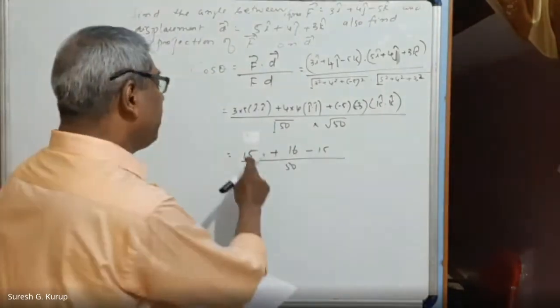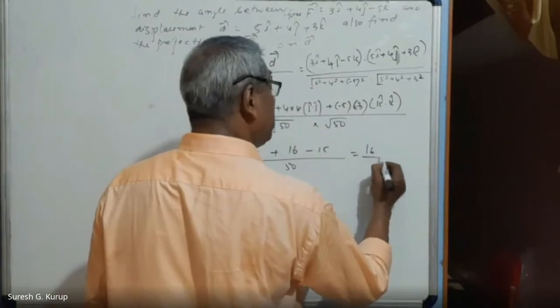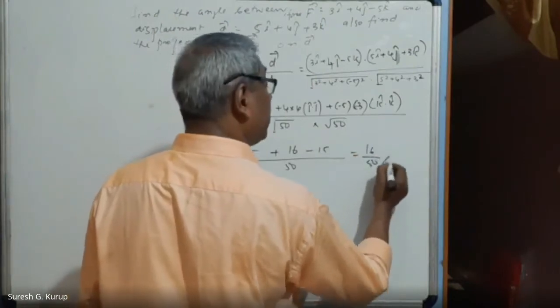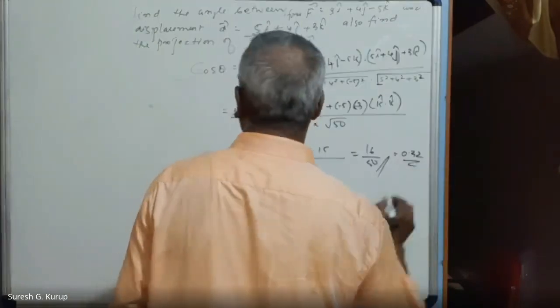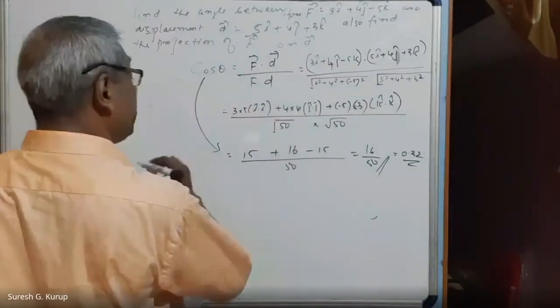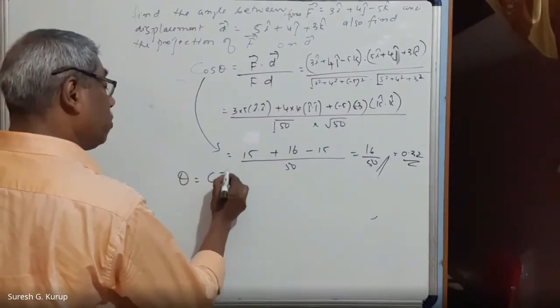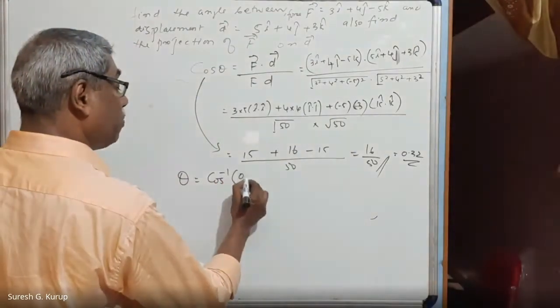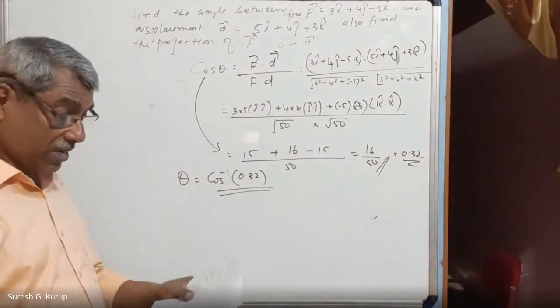Done. Then when we calculate this, you will get 16 divided by 50, which is 0.32. And this is what is called cos theta. Then theta can be calculated: theta is equal to cos inverse 0.32.